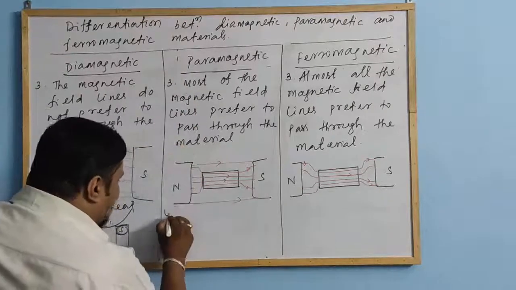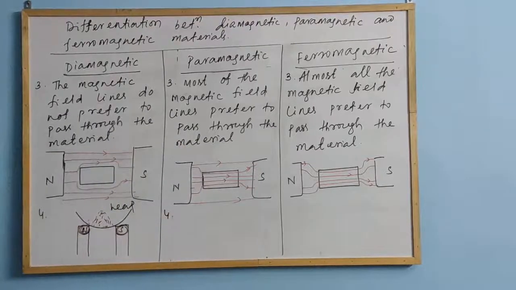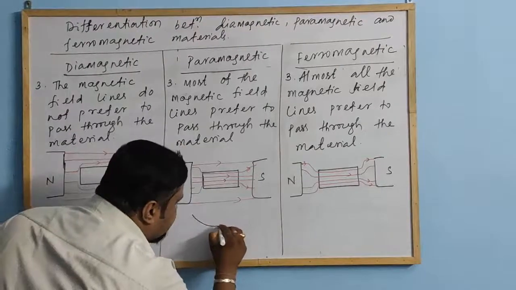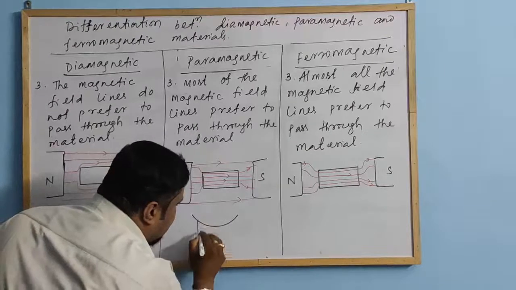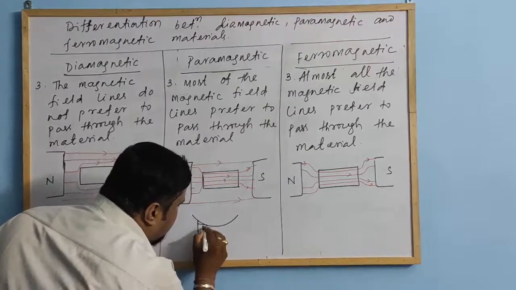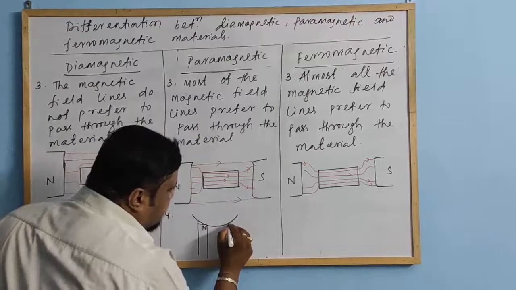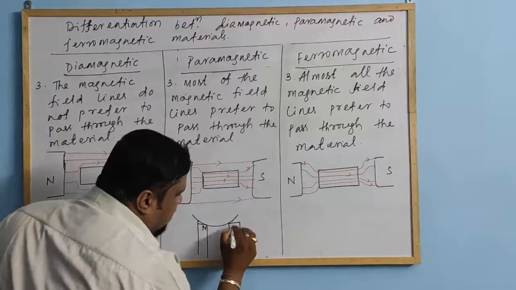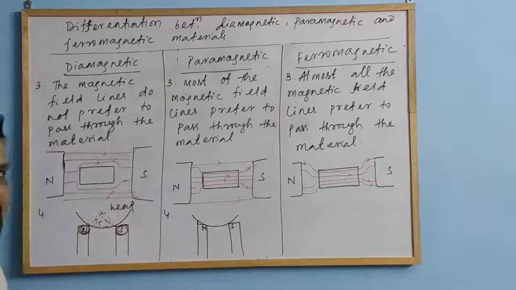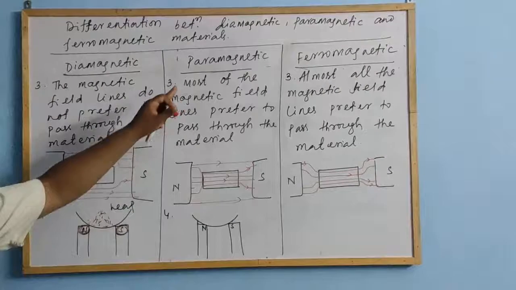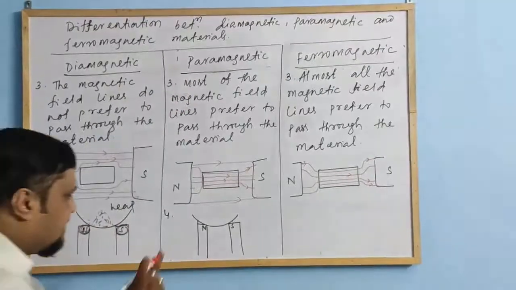In case of paramagnetic material, if we take the same procedure over a magnetic north pole and a south pole, and that is put in a powder form, then they will be collected in what? These are attracted by the strong magnetic field.